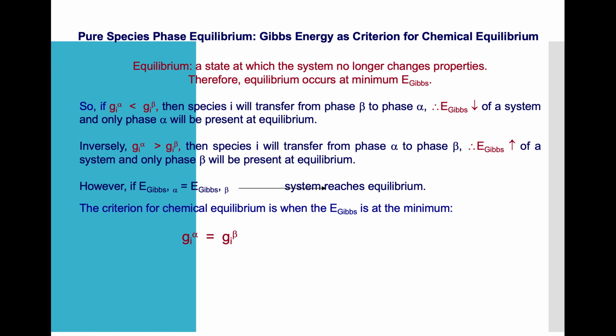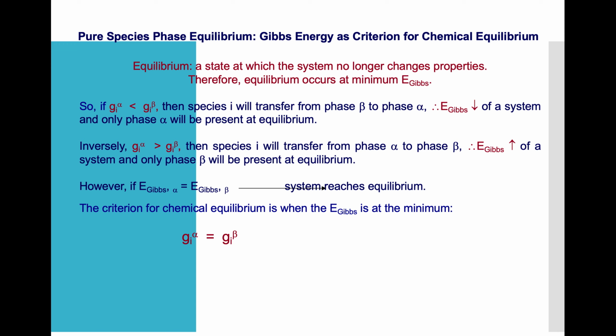Inversely, if G alpha is higher than G beta, the species will transfer from phase alpha to phase beta, whereby the Gibbs energy of the system will decrease and only phase beta will be present at the equilibrium.